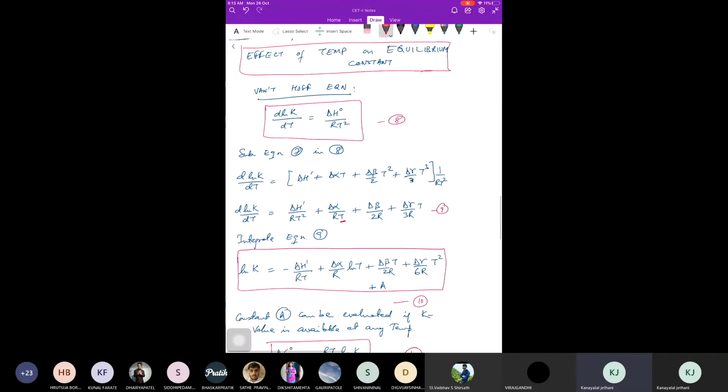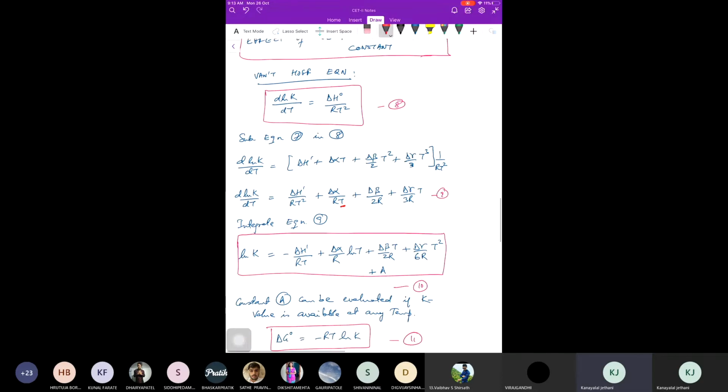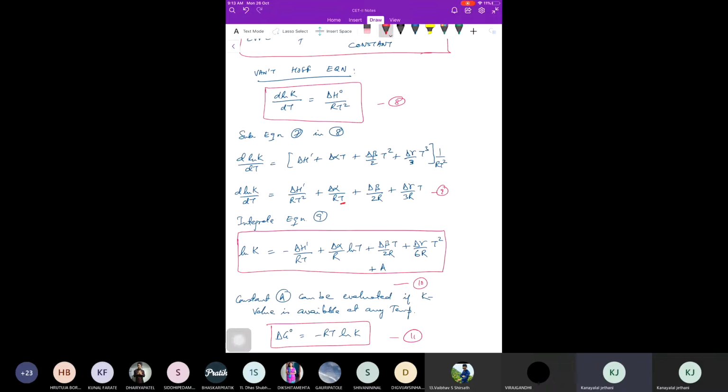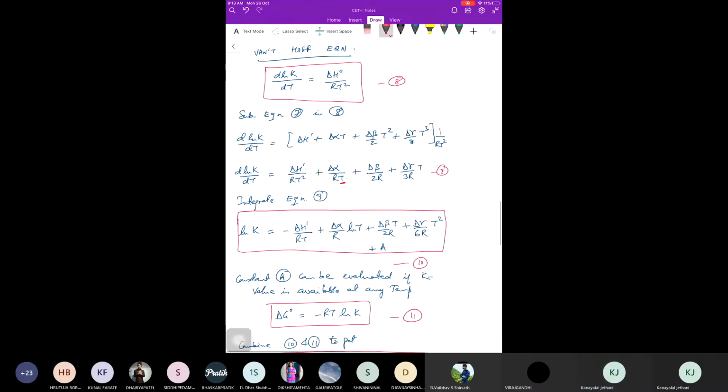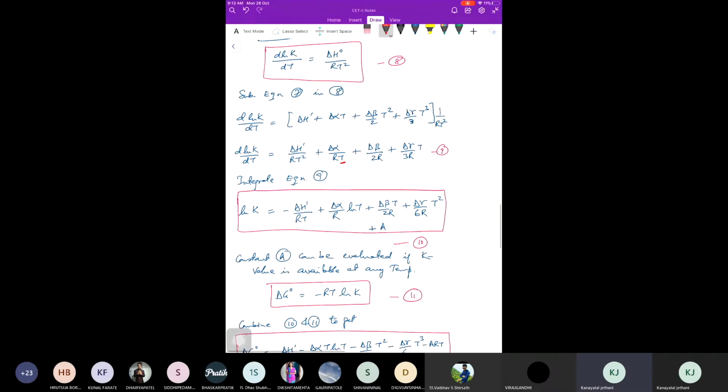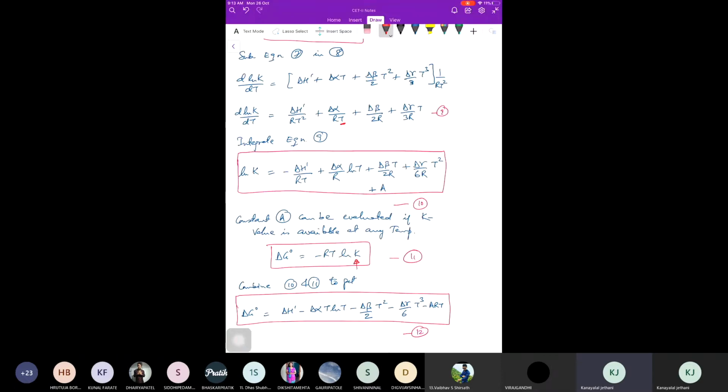Now you need to evaluate this constant A, which can be done if you know the K value at any temperature. So if you know the K value at one temperature, suppose at 298, from there delta G0, then we can put it in this equation and find the value of the constant A.